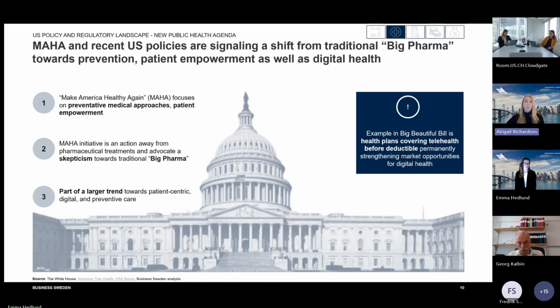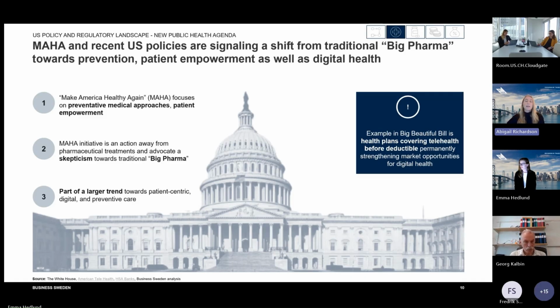So MAHA, at its core, what is it all about? It's really concerned with chronic disease, particularly obesity, diabetes, and of course the U.S. healthcare industry spends hundreds of billions of dollars each year on these, so it is an important topic to address.